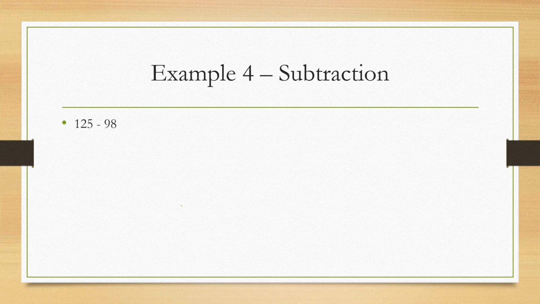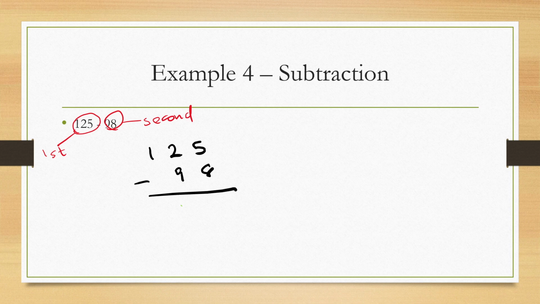So let's look at another example. Example 4. In this example, 125 is the first number and 98 is the second number. So write 125 on top, 98 on bottom, draw the minus sign and the equal separating line, and here I have drawn the units, tens and hundreds columns. Now you start from the units.